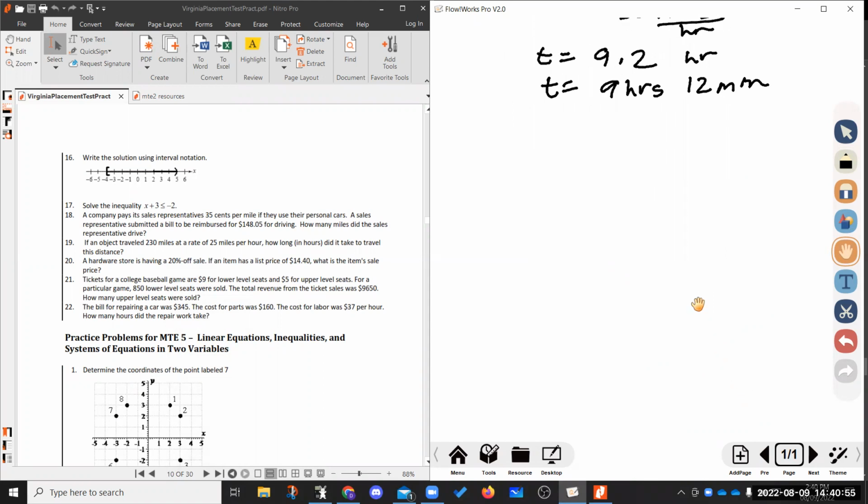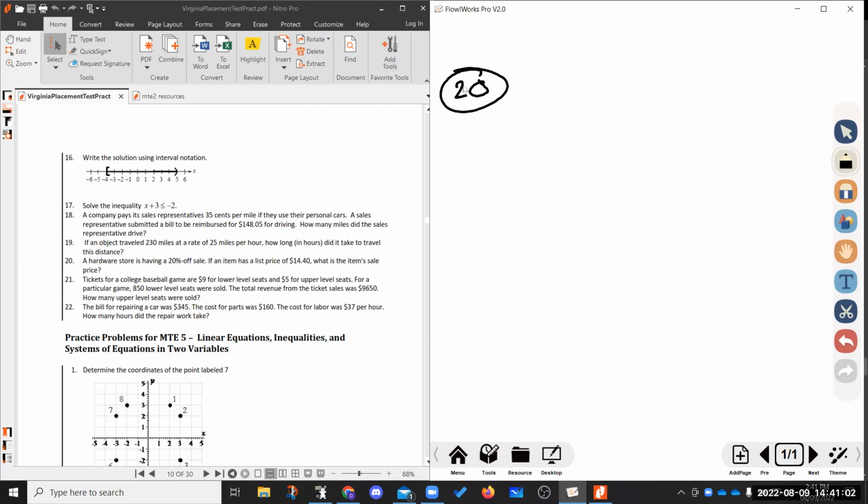That was number 19, so we're on number 20. A hardware store is running a 20% off sale, and the item has a list price of $14.40. What is the item sale price? So 20% off of the regular price is going to be 80% of the regular price. So 80% of $14.40 is what?